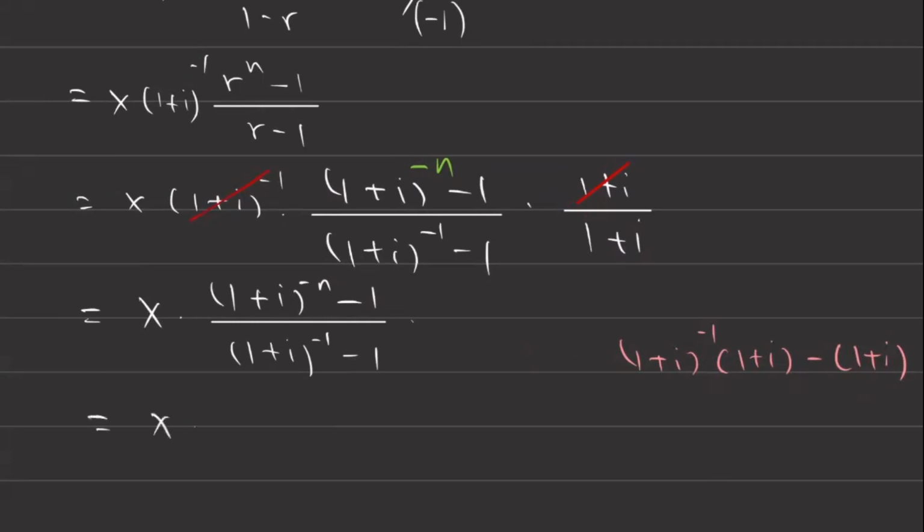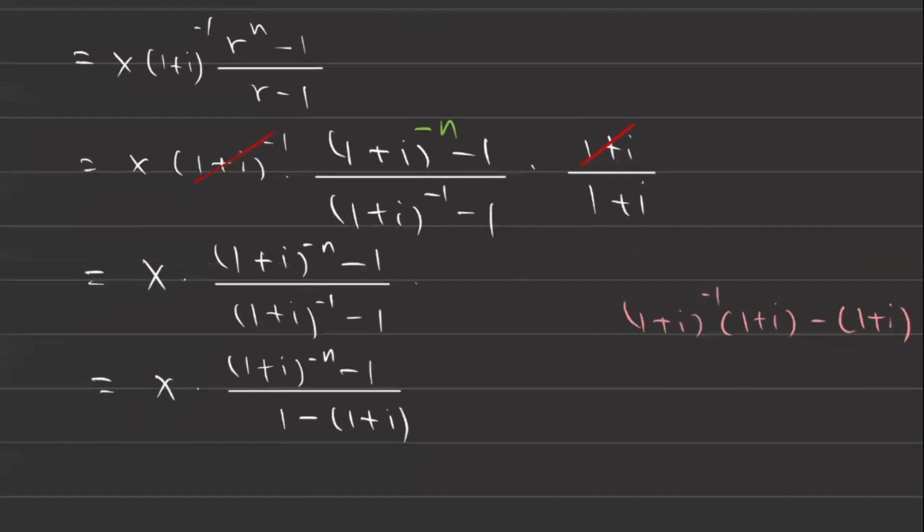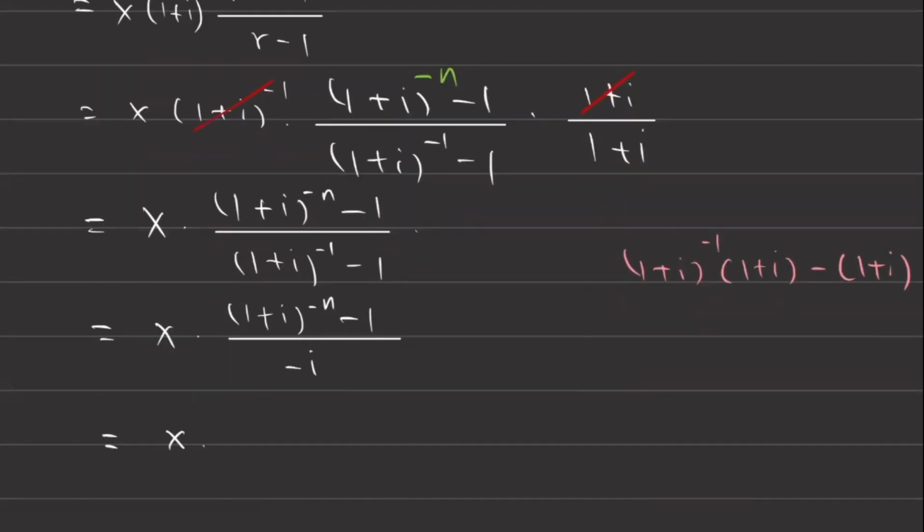Here, you're left with x times (1 plus I)^(minus n) minus 1, and the bottom of this becomes 1 minus (1 plus I), which of course you can simplify, right? Because this 1 and 1 cancel out. So let me rewrite it. So you have minus I. Now here, since you have this minus I, we don't like that. Let's get rid of that minus.